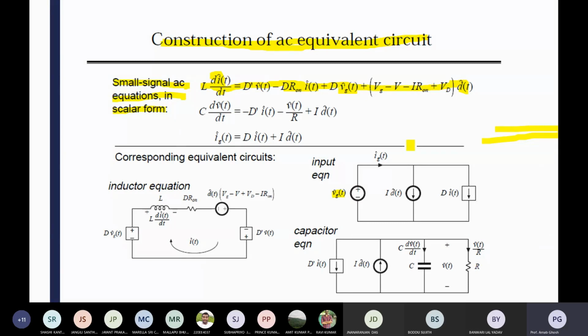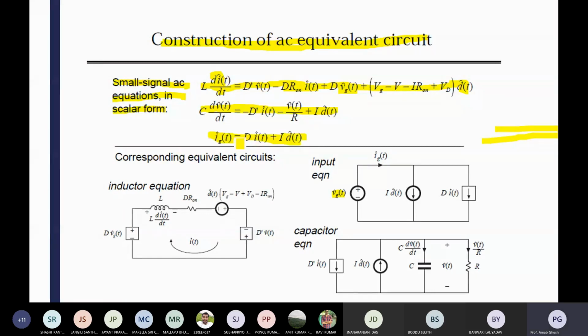You get the expression from here, then another equation over here for the inductor voltage expression, the capacitor current expression, and finally i_g(t) equals d i(t) plus i_d(t).